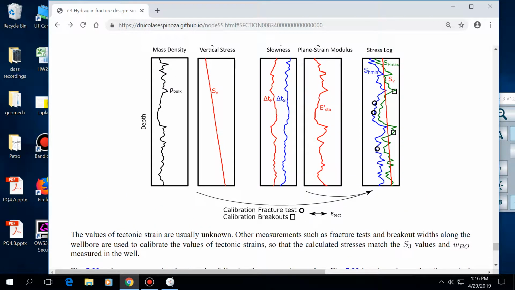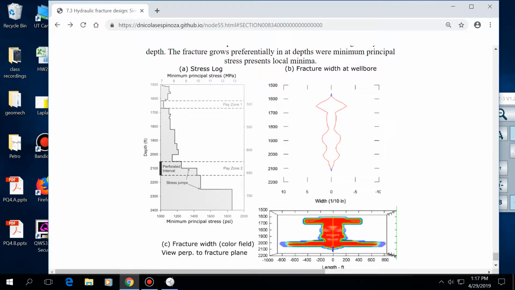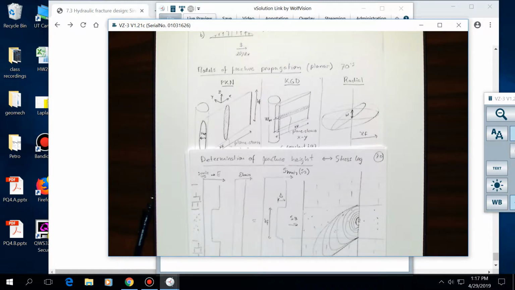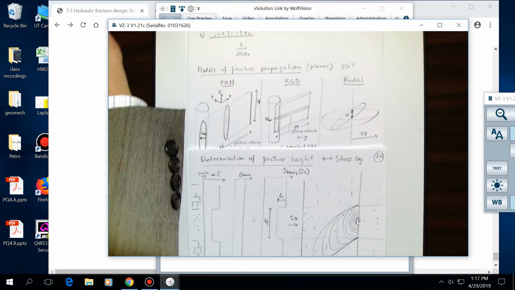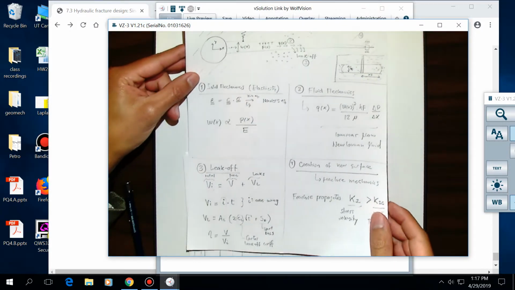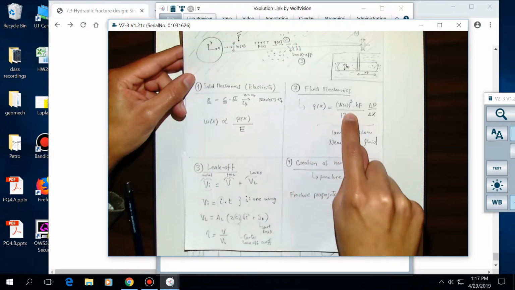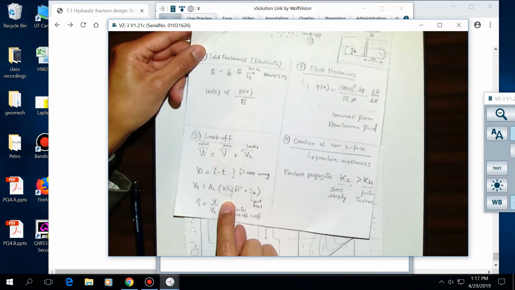Okay, so what we have discussed about stress log, fracture height, and what we talked about before about the geometry of a fracture, and what we talked about before about fluids going into the fracture, defining the width, defining the rates as functions of viscosity, width, and leak off.